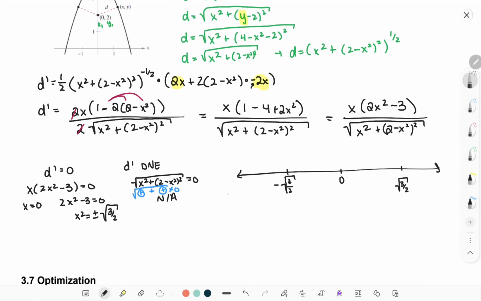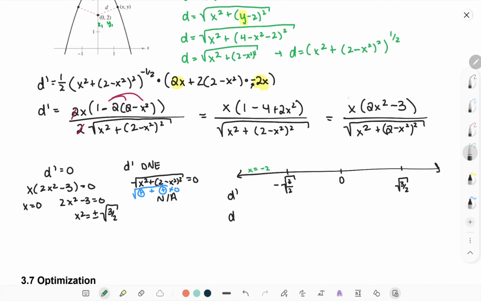I'm going to compare what happens between d prime, the distance derivative, and d. I'm going to look at a few values. So when x is less than negative root 3 over 2, so maybe some value like x equals negative 2, I'm checking it in my derivative function.